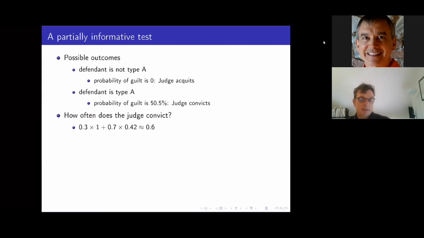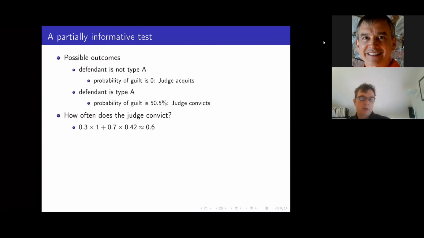So miraculously, apparently, we have now arrived at the conclusion that we are going to be able to convict the defendant, not with probability 0.3, which is our prior probability that he's guilty, but with almost twice the probability, namely with probability 0.6. So that's quite good, at least from the point of view of the district attorney, whose sole goal is to get as many convictions as possible.